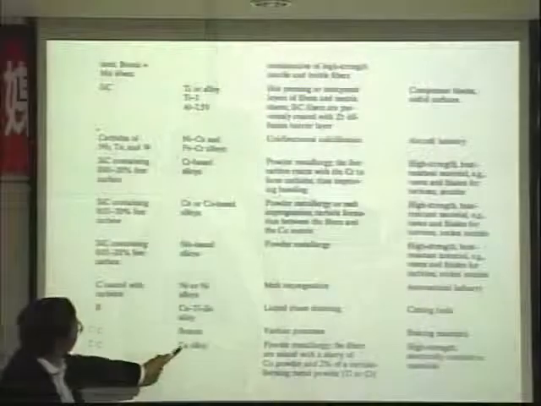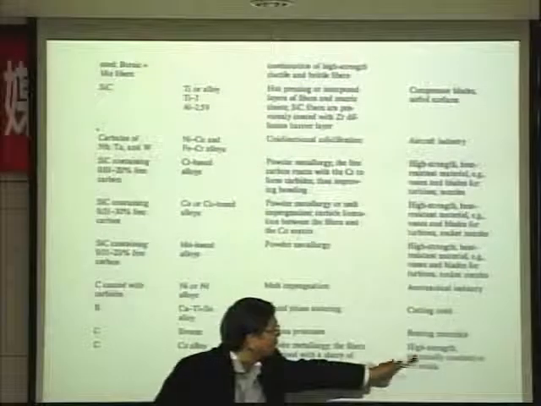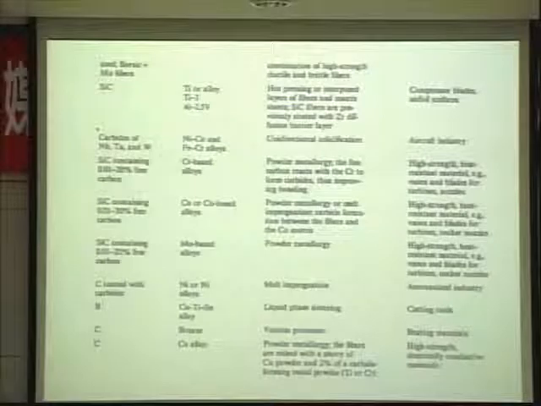Now, if the fuel cost is higher, it could be higher from now. Okay? So you want to make space structure lightweight, and that's why composite materials are being considered. Again, copper, so it is for electrical application.